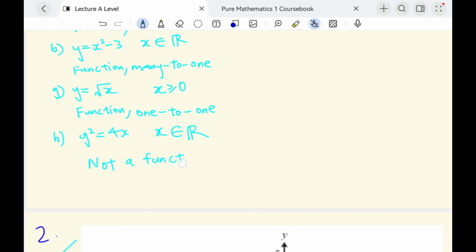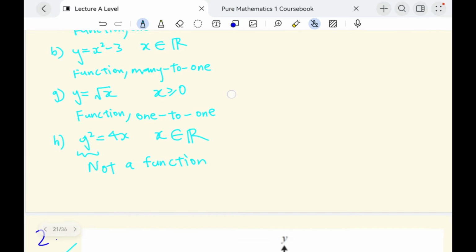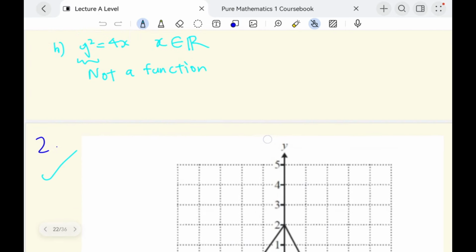Why? Because you didn't leave your y squared as y on the left hand side of the equation originally. So that's why this entire equation is not a function. Okay? So that's the end of the discussion for this first question.